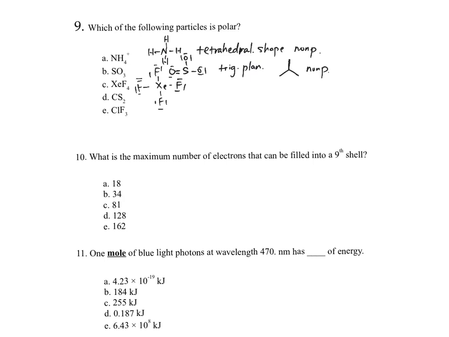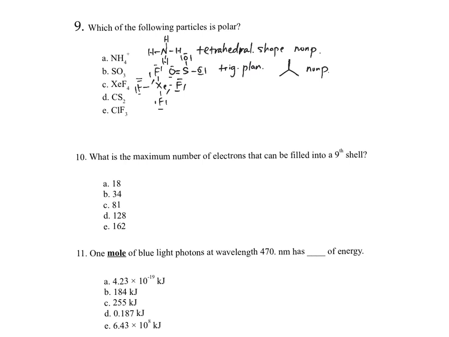28 from fluorine and 8 from xenon, so a total of 36 valence electrons, 18 pairs. 16 and 2 more on the central atom. That Lewis structure tells you that you have 6 electron clouds, so octahedral geometry, but with 2 lone pairs.